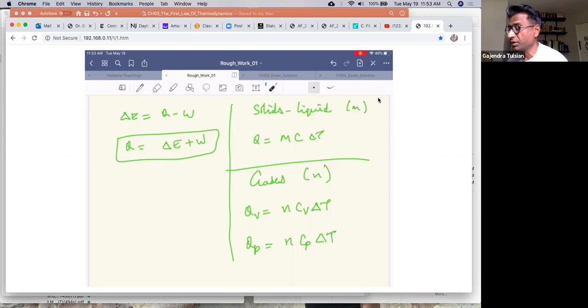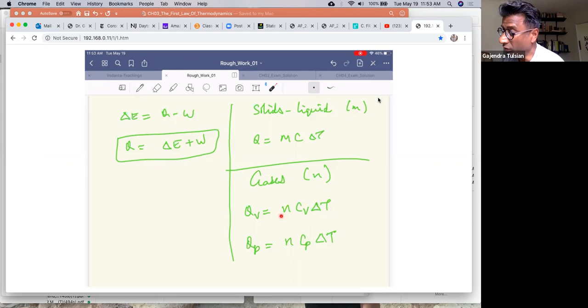N is the number of moles of gas, and C_V is the molar specific heat at constant volume. And this is Q_P, the heat added while keeping the pressure constant, and N is the number of moles. So C_P is the molar specific heat at constant pressure.